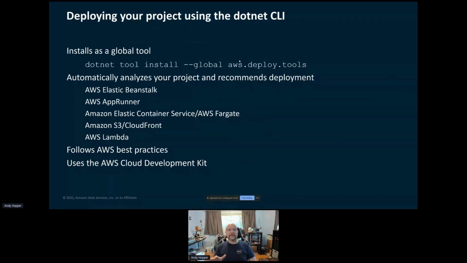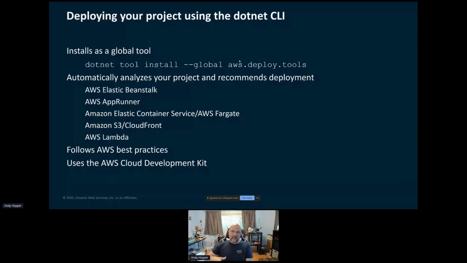And this is really important. Rather than you having to learn about all your options or having to go through that chart that I was showing you earlier with all the decision tree paths, what the .NET CLI tool will do is actually inspect your project, and it will make recommendations for what we think the best hosting option is based on the technologies that you're using.